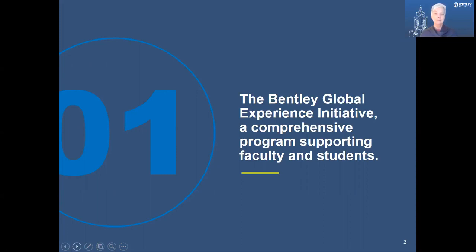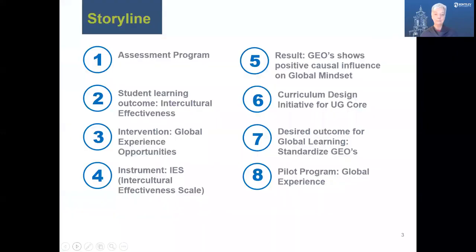There's some issues around consistency and faculty comfort in delivering these, in measuring learning outcomes. And so this initiative is a result of those concerns, and I'd like to describe briefly how we got there and what the program looks like.